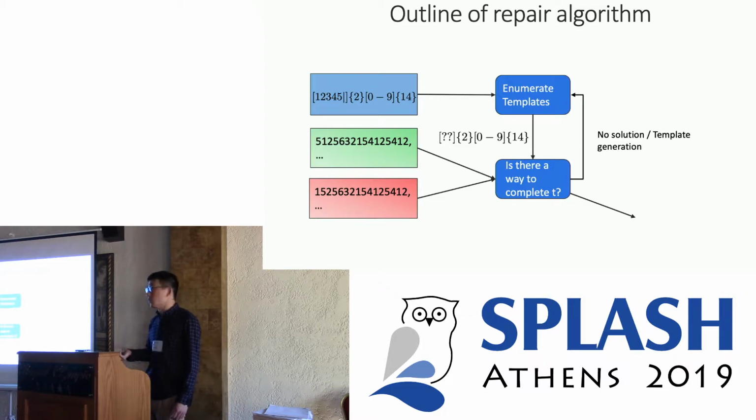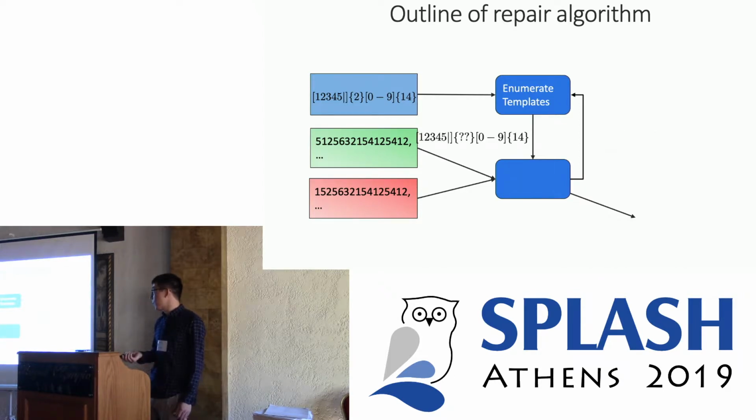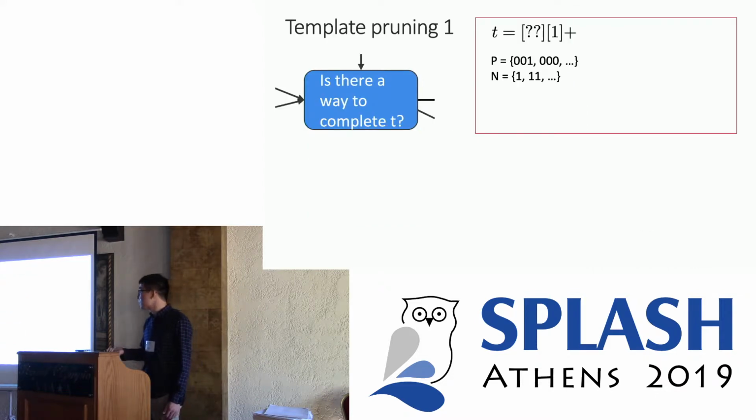If not, we invoke the template generation process and add more templates. And eventually, we will reach a template that could lead to a solution, and the solution is the minimal distance repair to the input.